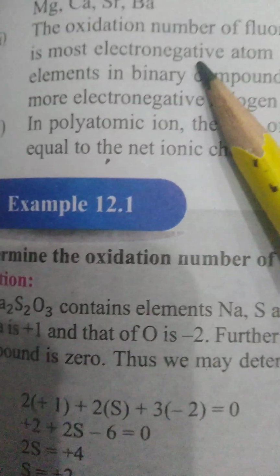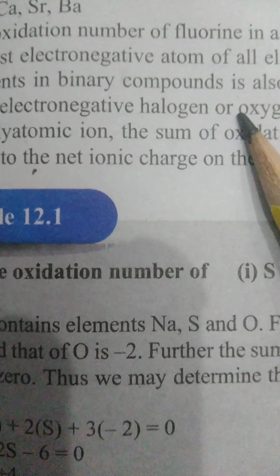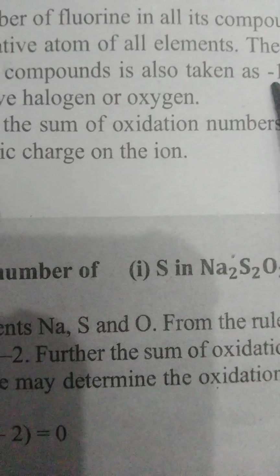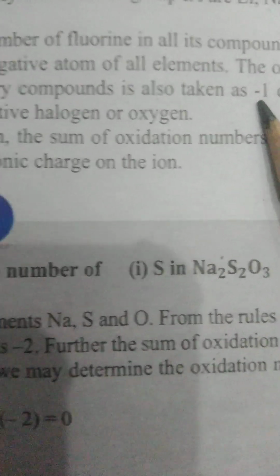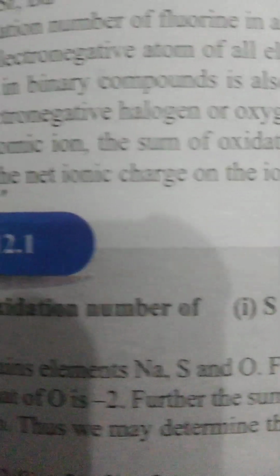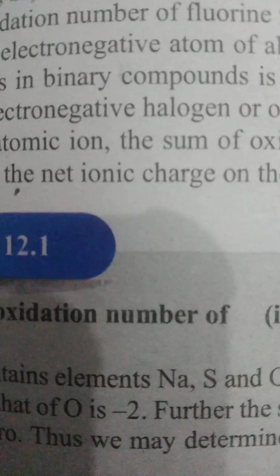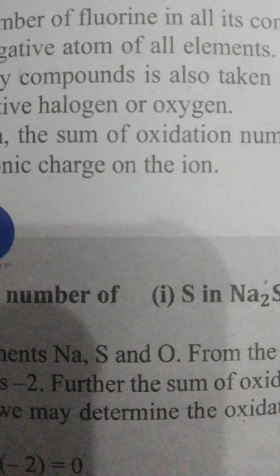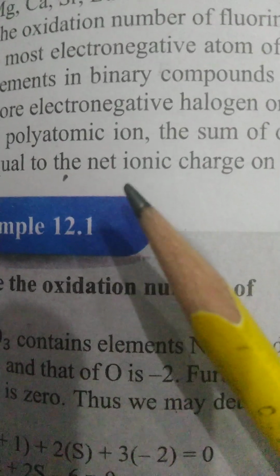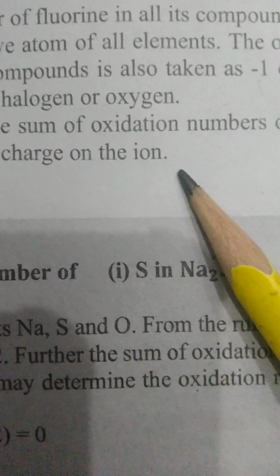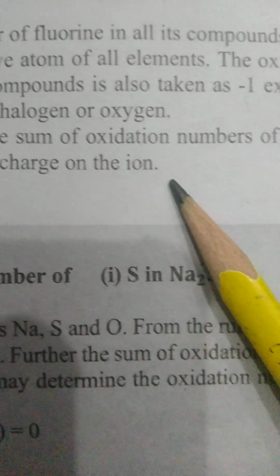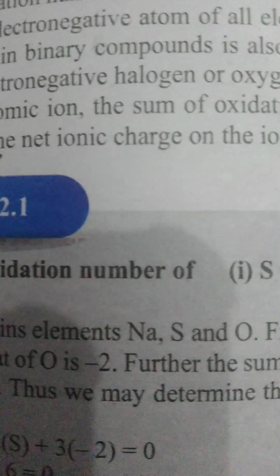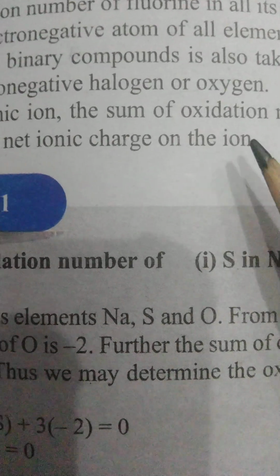The oxidation number of halogen elements in a binary compound is also always taken as -1, except when they are bonded to a more electronegative halogen or oxygen. And in a polyatomic ion, the sum of the oxidation numbers of all atoms present is equal to the ionic charge on it.